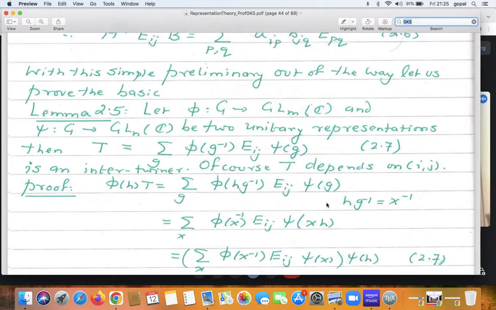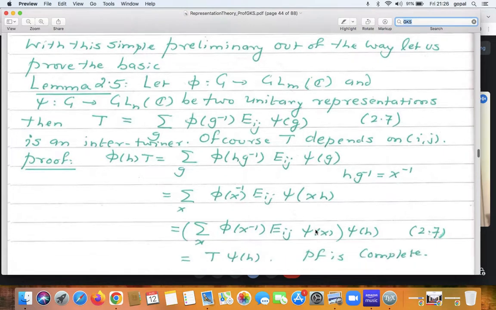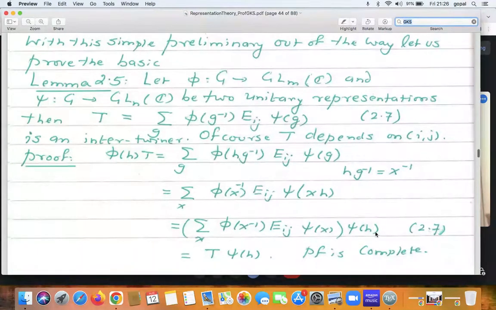Put h g inverse equal to x inverse. So this will be phi(x inverse) E_ij, and then this g becomes x h. Because g becomes x h and psi is a group homomorphism, the psi(h) goes on the right hand side. And you simply have this psi(h) is a common factor, summation over x, phi(x inverse) E_ij psi(x).